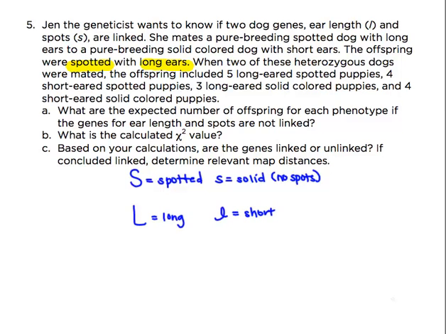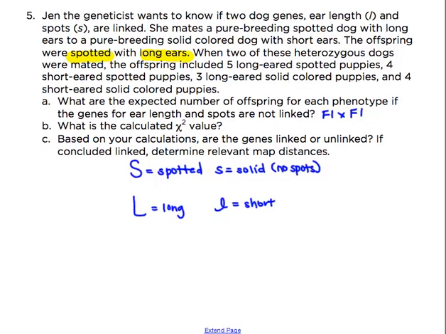So for A, what are the expected number of offspring for each phenotype if the genes for ear length and spots are not linked? They're talking about two F1 individuals crossed. Remember that those F1 individuals are heterozygous. So let's write down their genotypes first of all.